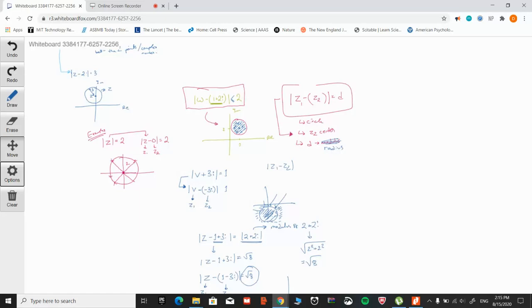In the upcoming videos, we'll talk about another kind of loci, which is the last thing left. Well, there are some other examples left as well. But next time around, we'll be talking about perpendicular bisectors, and later on we will be talking about how to combine both perpendicular bisectors and circles that we're seeing right now to answer more complex questions.